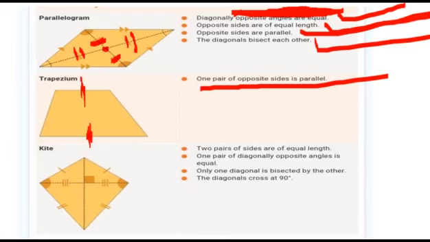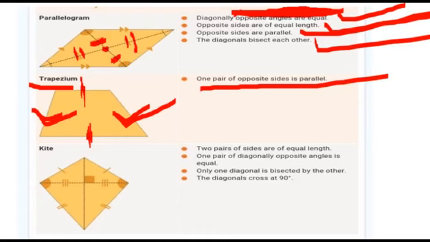In an isosceles trapezium, this side and this side should be equal to each other. As you can see here, they are not equal. So this is just a simple trapezium. But if you have to convert this into an isosceles trapezium, then this side and this side should be equal to each other. And an isosceles trapezium has a different set of properties that we are going to discuss later in the chapter.